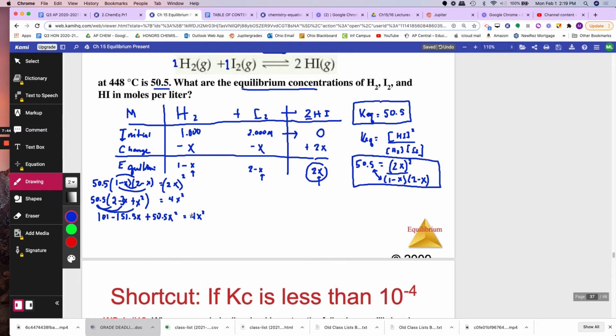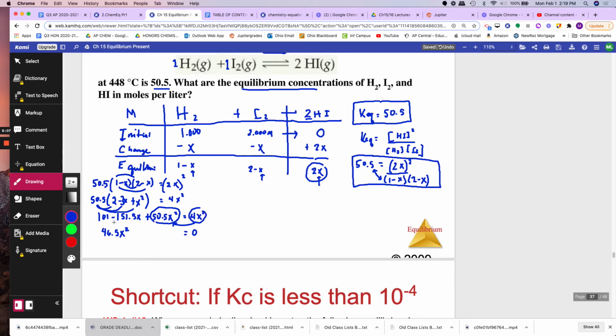Okay, I'm going to go ahead and move this over here, set it equal to 0. So it'll be 50.5 minus 4x, which is 46.5x squared. I combined this and this.